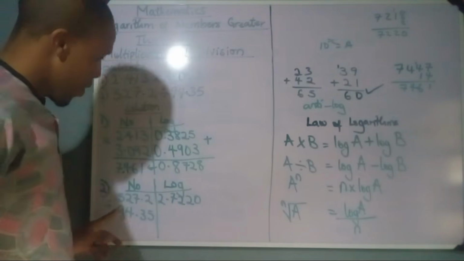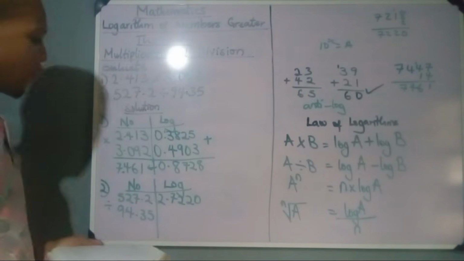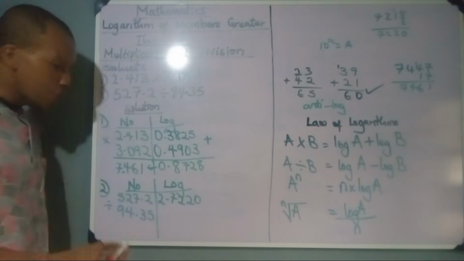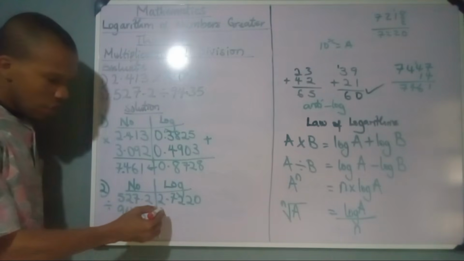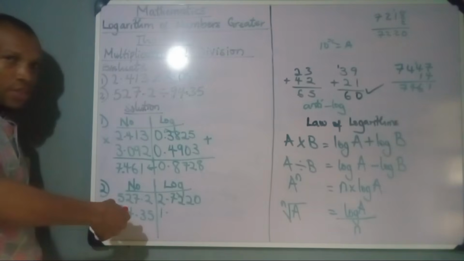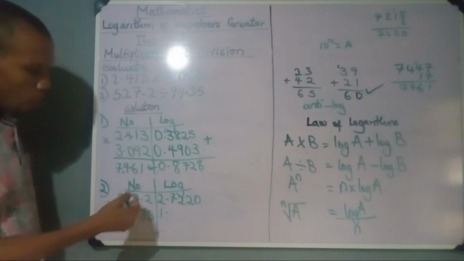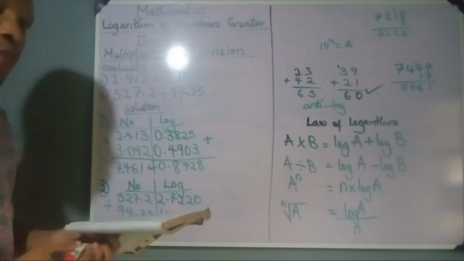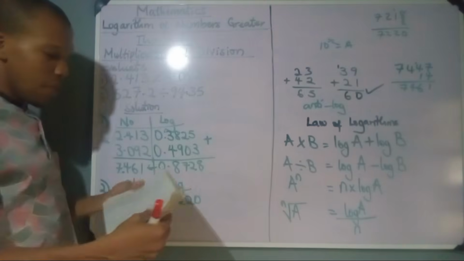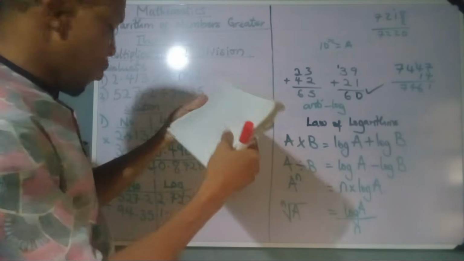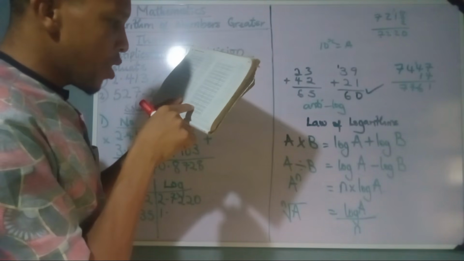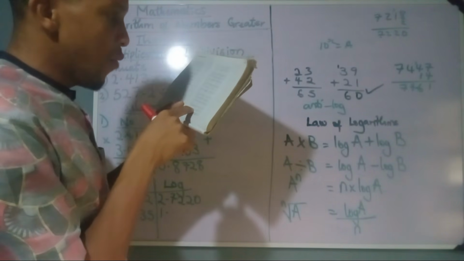Now let's look at the next one. Here we have 94.35. If I write it in standard form, I only have to move the decimal once. So the characteristic here will be 1. Now I'll use my 4-figure table, that's my logarithm table, to check the mantissa, which is 94 under 3. 94 under 3, that's 9745.